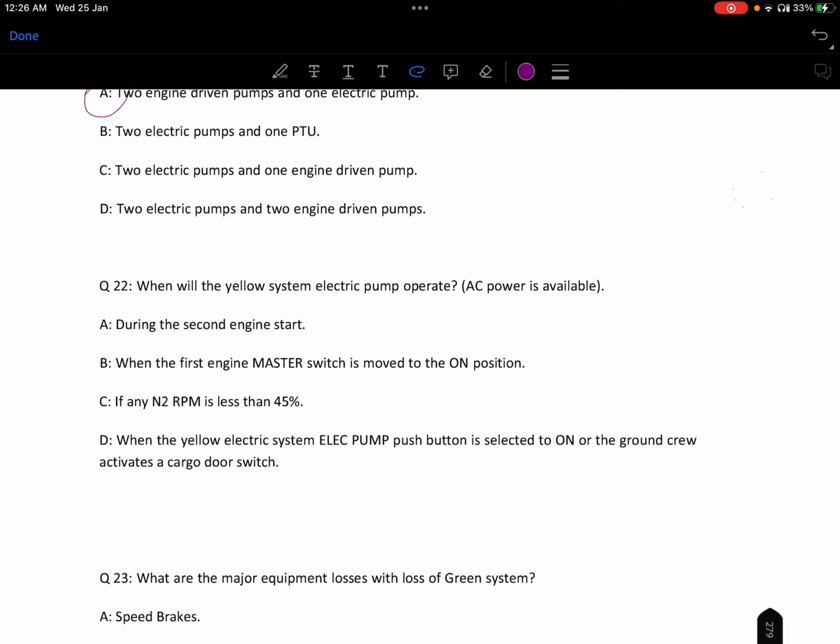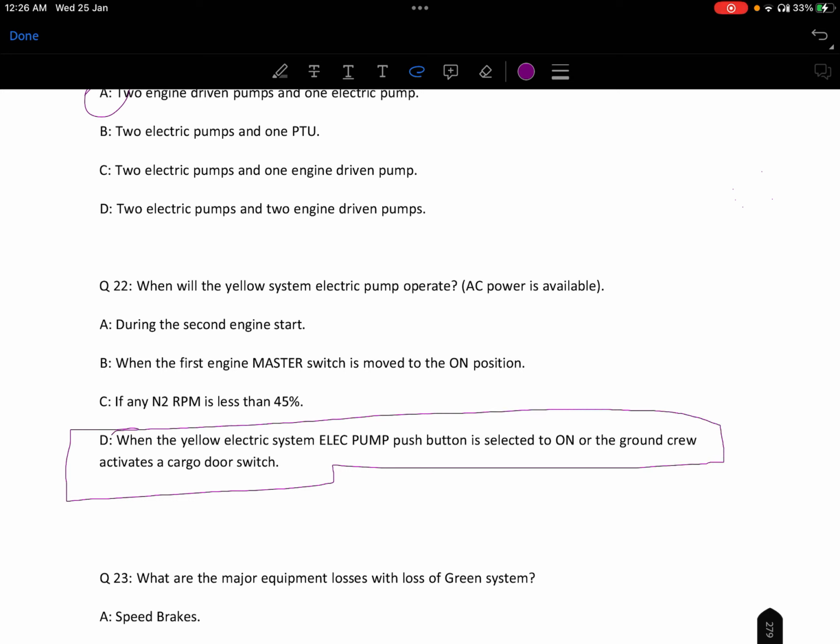Question number 22. When will the yellow system electric pump operate? During the second engine start, when the first engine master switch is moved to the on position.